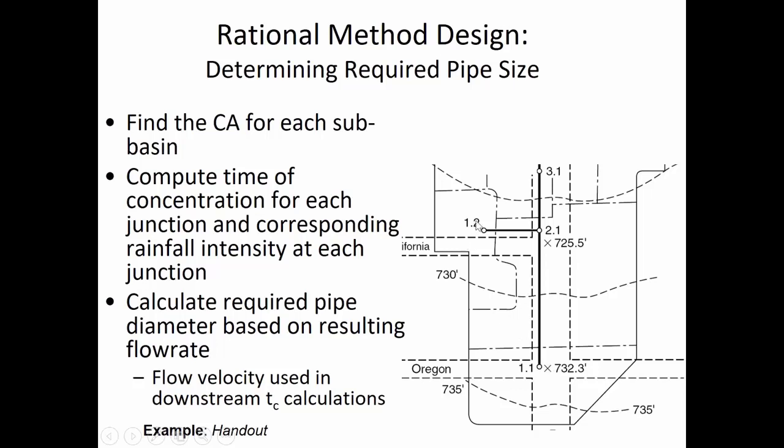If you look here at 1.2, it's this contributing area. All of the water that runs off from that boundary goes into 1.2. Both of those inlets feed pipes, and those pipes come together at junction 2.1, and there's also water coming in at 2.1 from the land area defined by this area. So it's a big one.